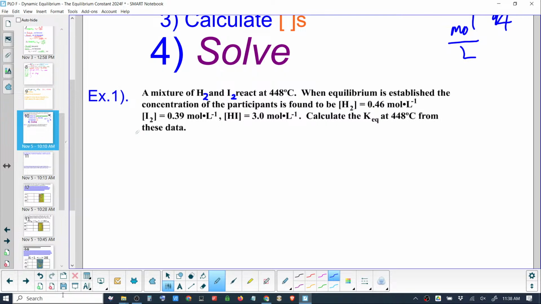Write the Kc formula. Sienna, you've done nothing wrong, but use square brackets, just because it means concentration. Are they all gases? They are all gases. I should have said that, yes.